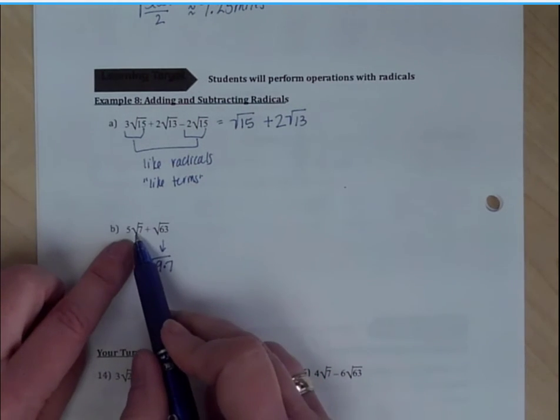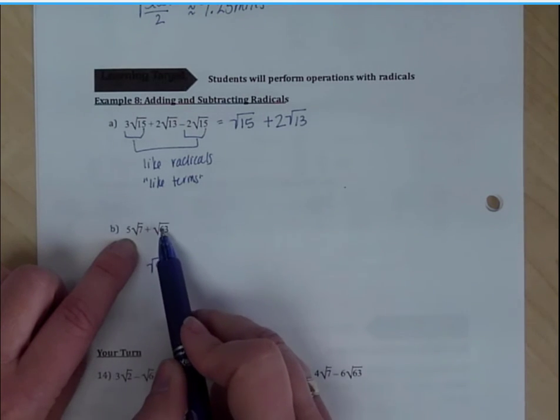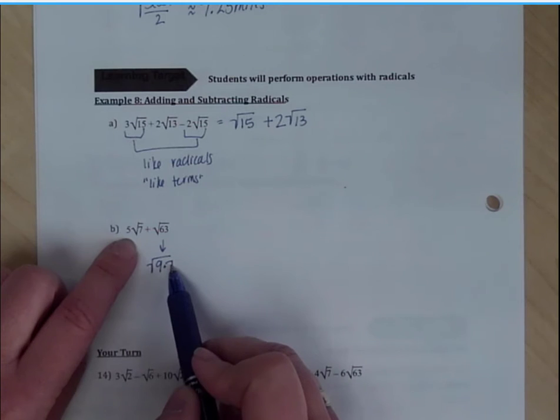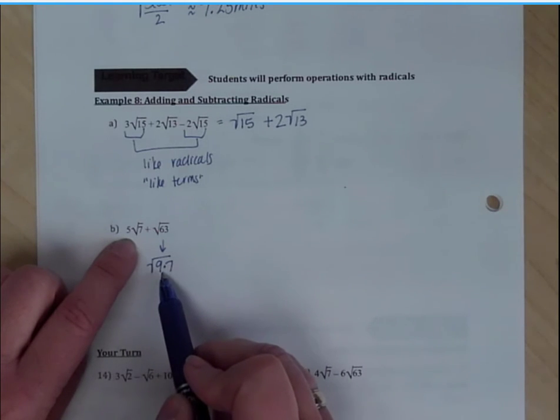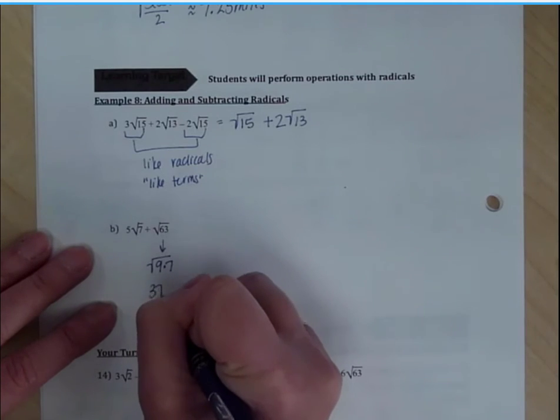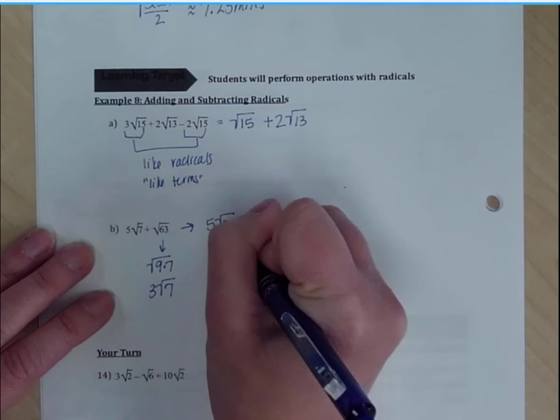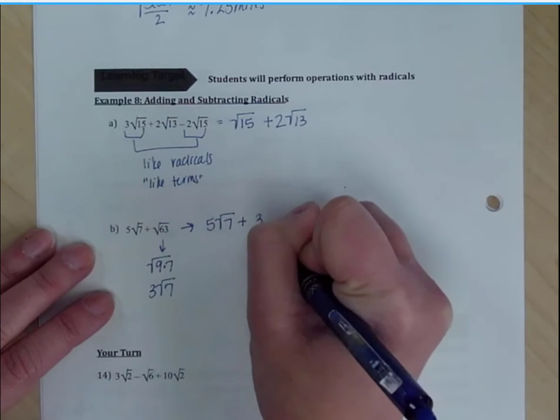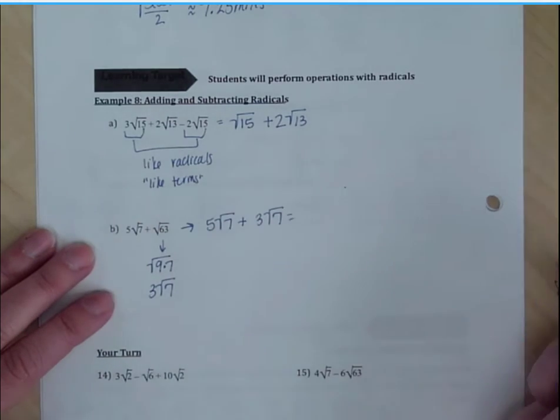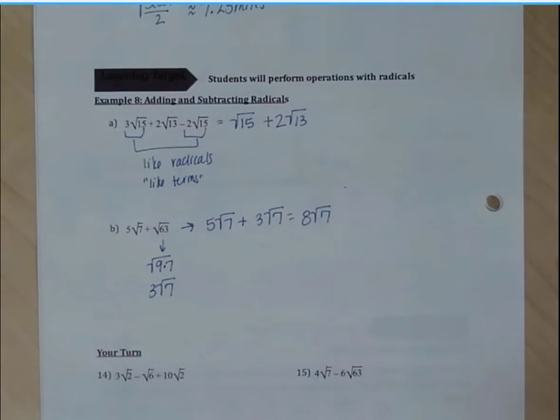A big hint here is this radicand is 7. So if I divide 63 by 7 to have a common factor of 7, that's going to help me out. And it just so happens I have a perfect square. So this is 3 square root of 7. So now I have 5 square root of 7 plus 3 square root of 7, which gives me 8 square root of 7.